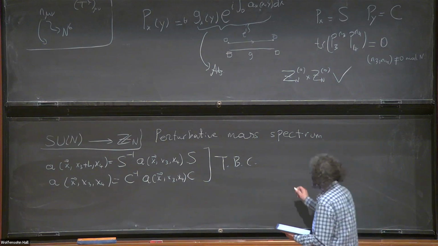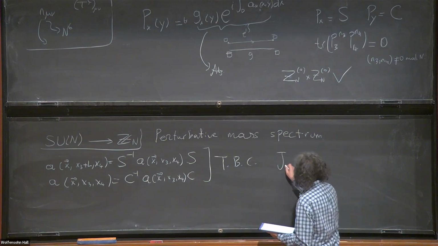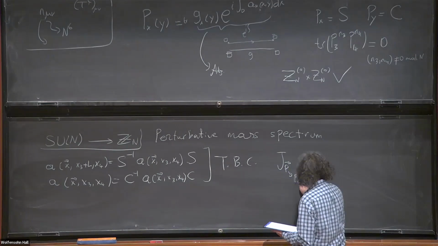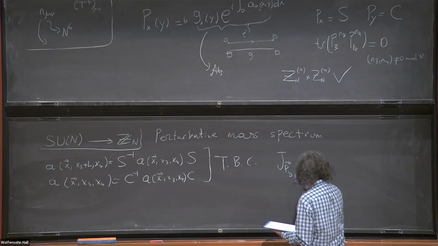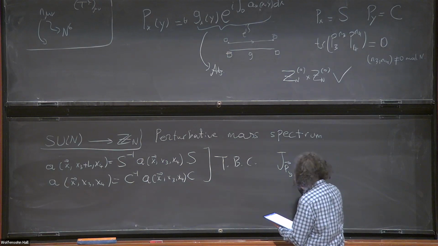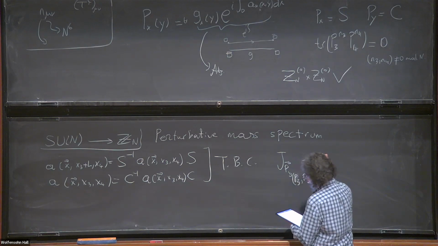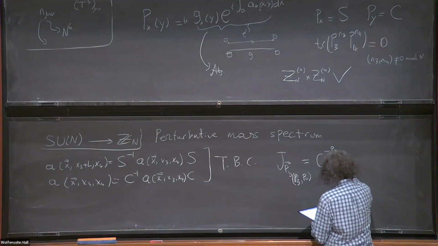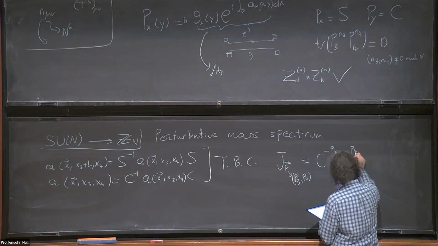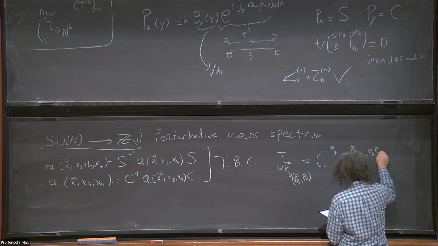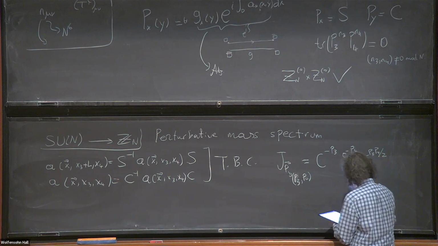So you can construct the following basis: J sub P, where P is a 2-vector, P3, P4. It is clock to the power minus P3, shift to the power minus P4, times omega to the minus P3 P4 divided by 2, for convenience.